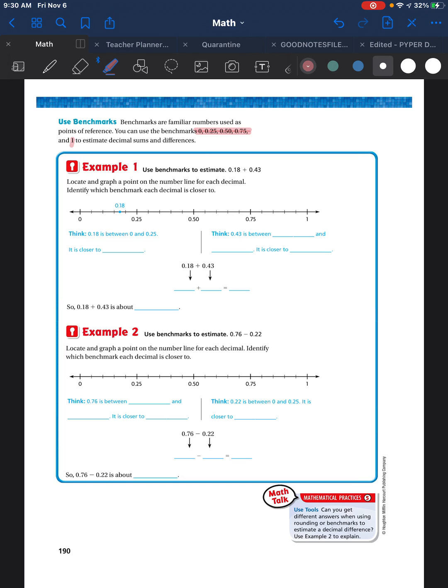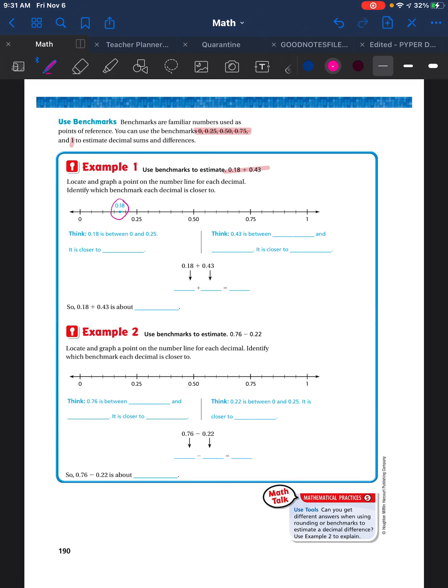So example 1 says use benchmarks to estimate this problem. 18 hundredths plus 43 hundredths. Locate and graph a point on the number line for each decimal. Identify which benchmark each decimal is closer to. So as you can see, they already put 18 hundredths right here. So we need to go ahead and put 43 hundredths on our number line.